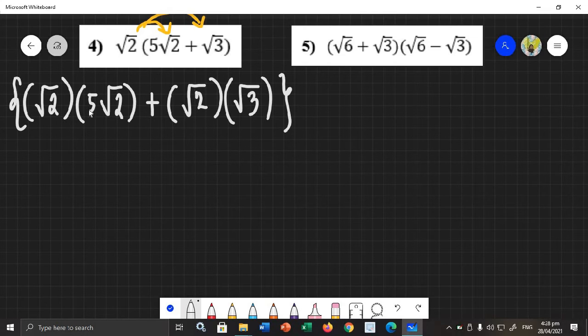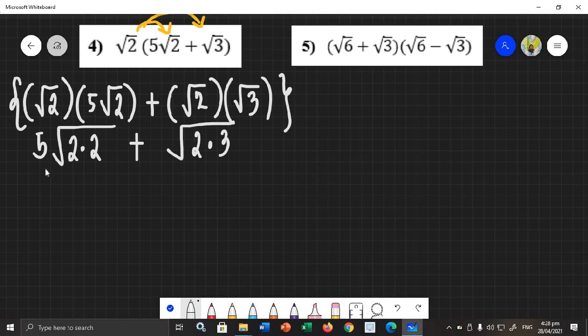Let's do this part first. Square root of 2 times 5 square root of 2, and that will be 5. The radicals have the same index, therefore we apply the product law of radicals and multiply their radicals. Plus, same as this, they have the same index, therefore we can just multiply their radicals. Simplifying this, we have 5 square root of 2 times 2, which is 4, plus square root of 2 times 3, which is 6.